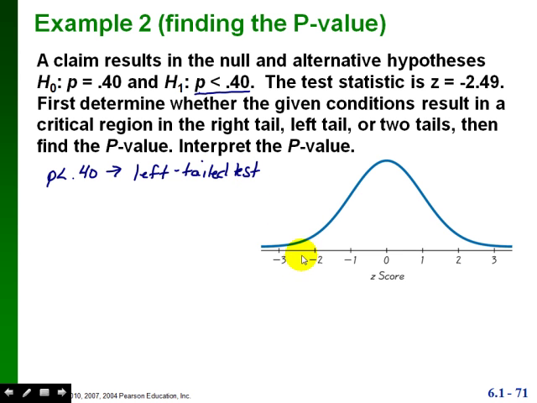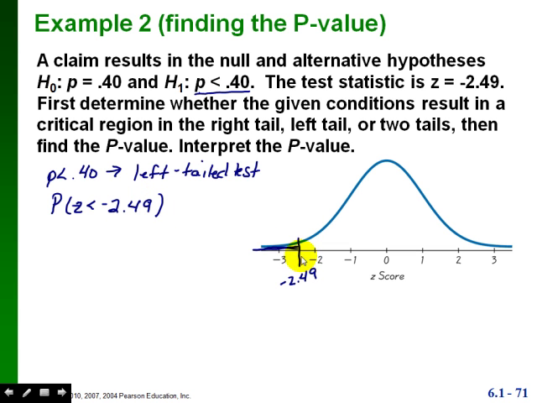So we're going to graph our test statistic. So here's the negative 2.49. Since we're doing a left-tailed test, we're going to look at going from that value to the left and what's the probability or what's the area of that region. So we want the probability that z is less than negative 2.49.